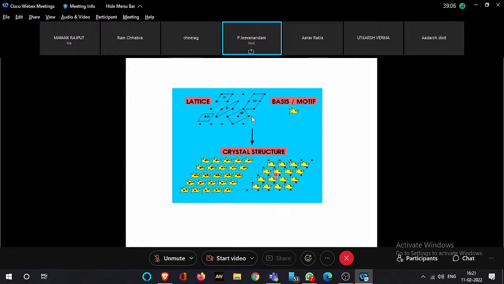Now, if you look at the right side, the motif is not sitting on the lattice point. I will repeat. If you look at the right side of the bottom, you will see that the motif is not sitting exactly on the lattice point. What does it mean? Lattice point is an array of points in space, and your motif need not be exactly sitting on the lattice point.